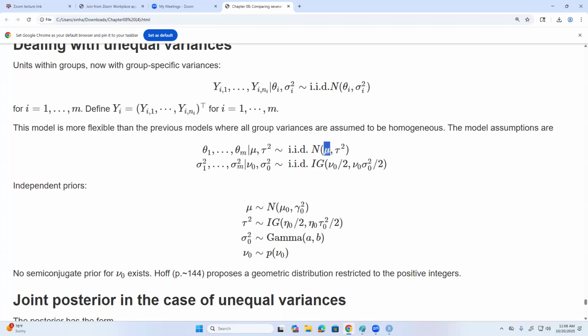Same idea holds for sigma 1 square, sigma 2 square, sigma m square. I want some sharing of information. Therefore, I allow nu 0 to come from another distribution. Nu 0 is coming from this, and sigma 0 square coming from this gamma distribution.